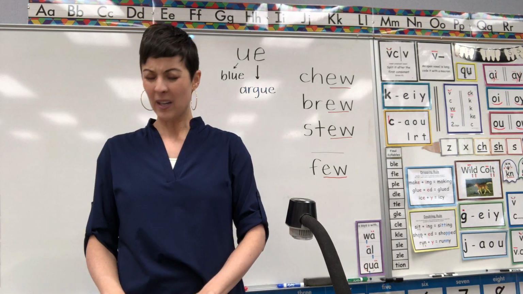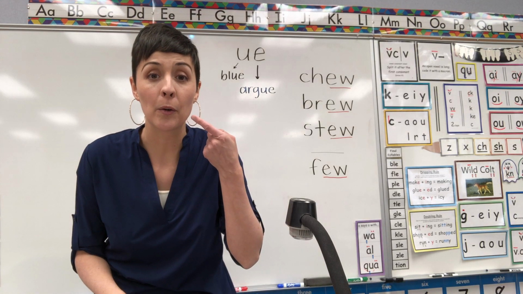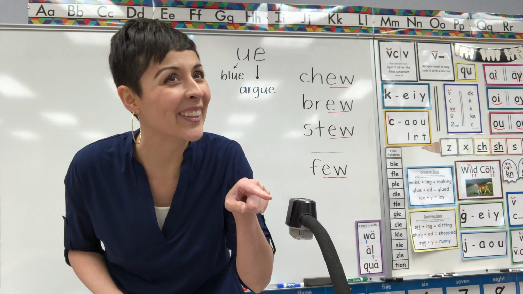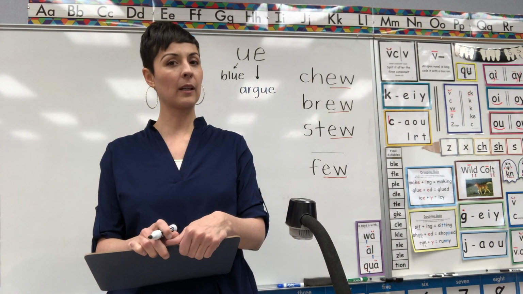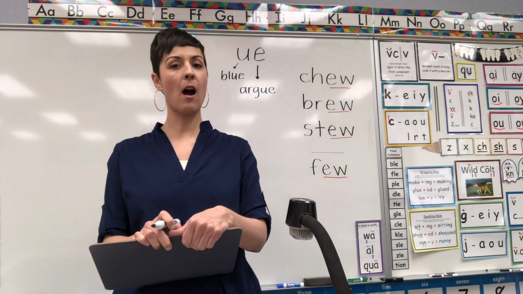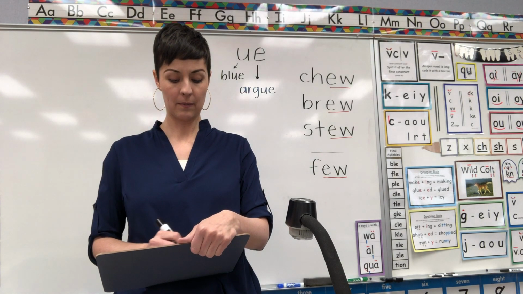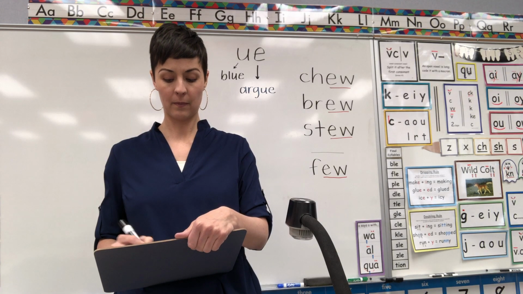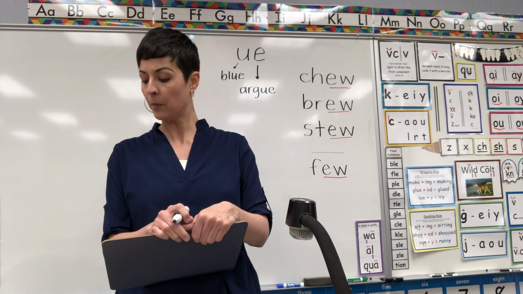Next word, ooh, I hope this isn't too tricky. We're gonna try it anyway. The word is screw. What word? Screw. Think about what letter says k in front of that R. Screw.